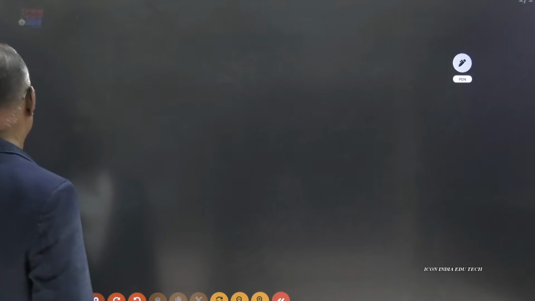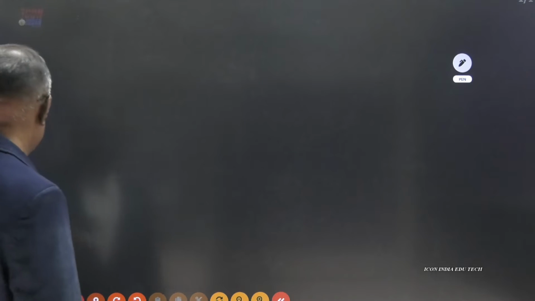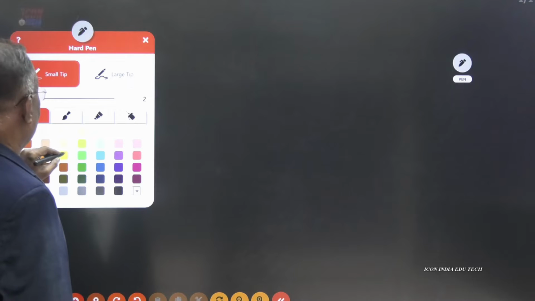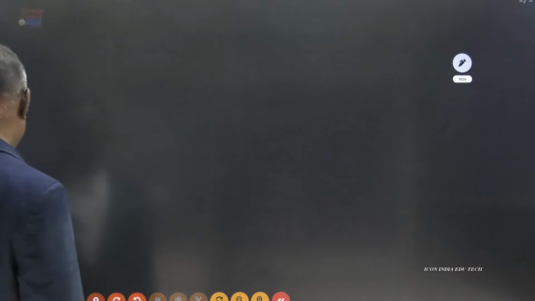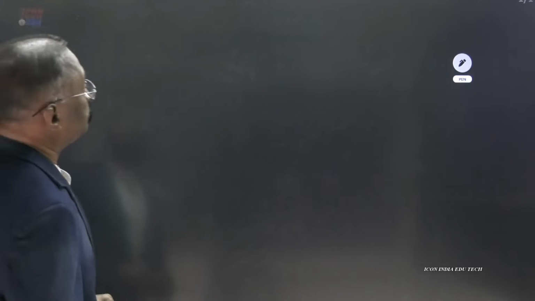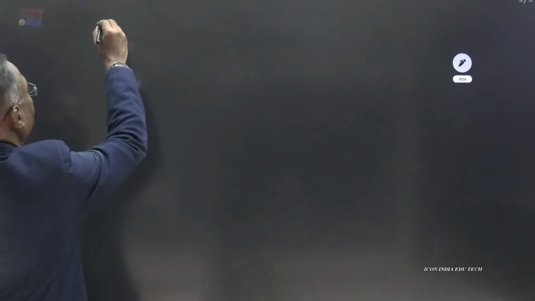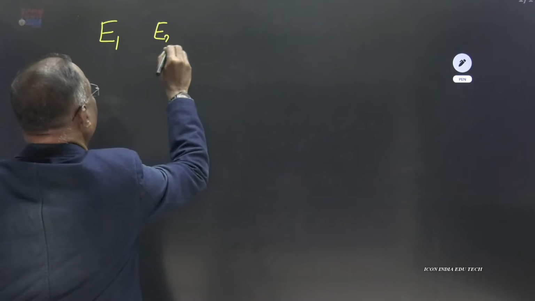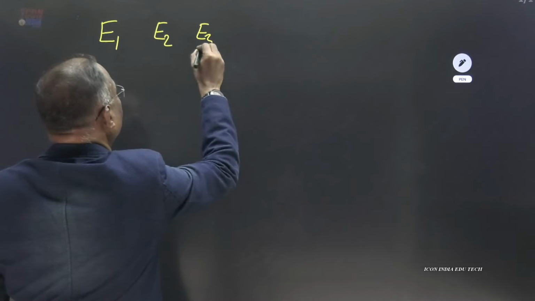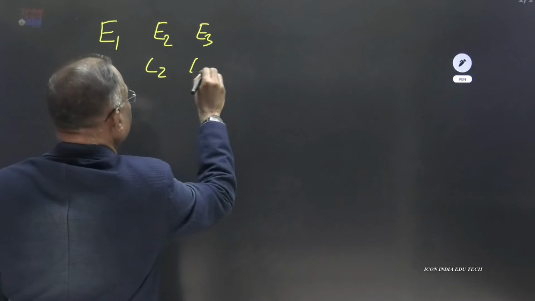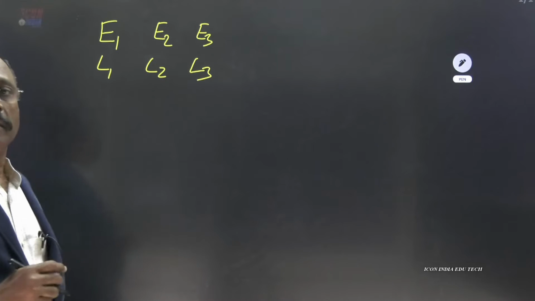Let us take 3 envelopes and 3 letters, I repeat, 3 envelopes and 3 letters, and they are all addressed envelopes. Let me take E1 first envelope, E2 second envelope and E3 third envelope, and L1 first letter, L2 second letter, L3 third letter.